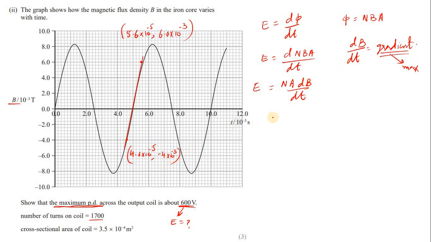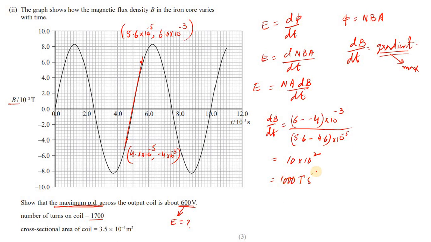Let's find the gradient. So dB by dt, which is the gradient, is y2 minus y1 over x2 minus x1. So (6 minus minus 4) × 10^-3 divided by (5.6 minus 4.6) × 10^-5. Clearly it is 10 into 10^2, which is 1000 Tesla per second. This is dB by dt.